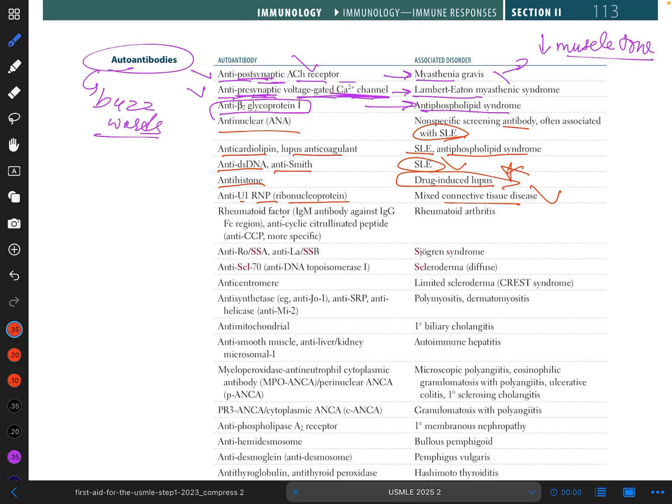For rheumatoid arthritis, there are rheumatoid factors, an IgM antibody against the IgG Fc region, or anti-cyclic citrullinated peptides, anti-CCP, which is more specific; all are associated with rheumatoid arthritis. There is anti-Ro or SSA, and anti-La or SSB, which is certainly associated with Sjögren syndrome.